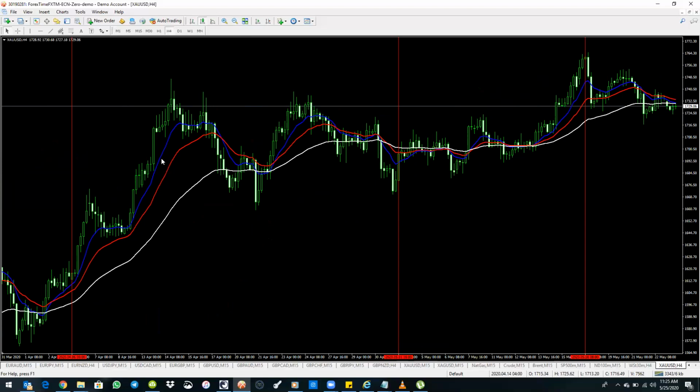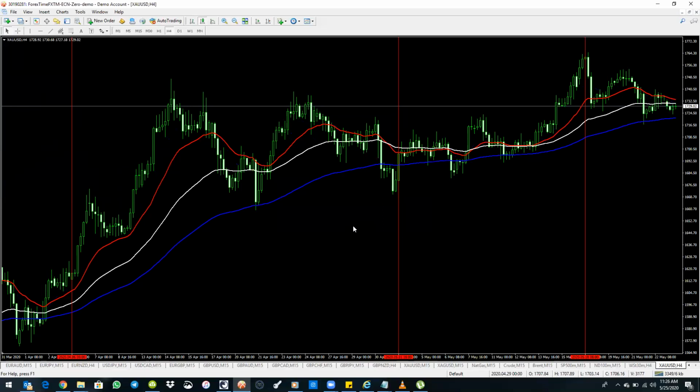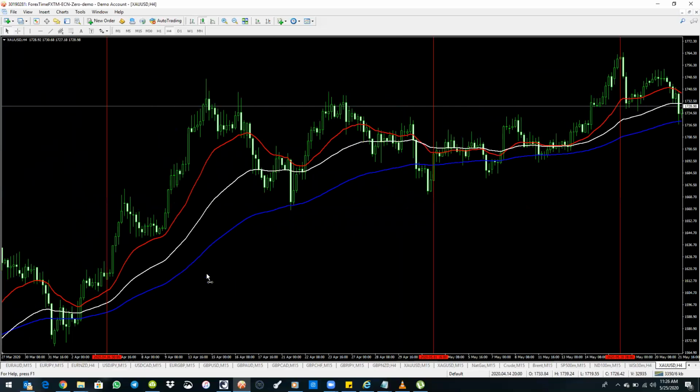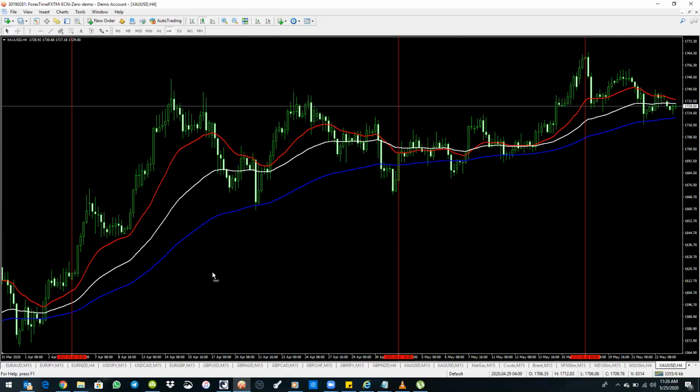Now, I still want to introduce another moving average. Let me take out this 10 period moving average, and let me make it 100. So I'm going to change that 10 to 100. And you can see that even as slow as the 50 period is to reacting to the market, the 100 period is even slower.